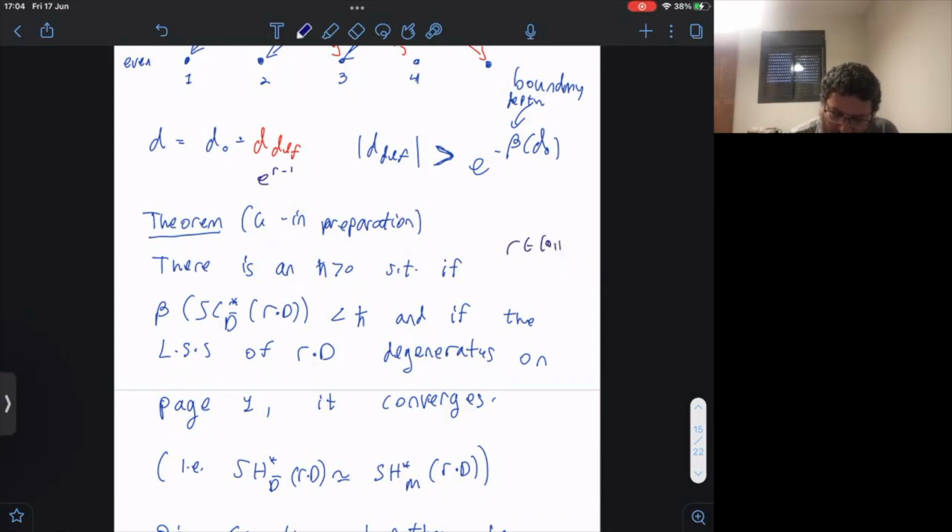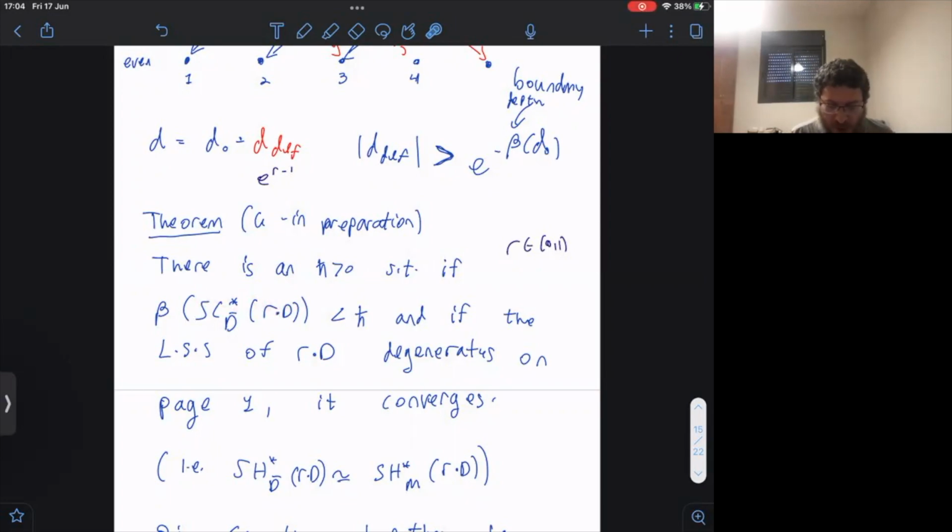When you have a Liouville domain, you can scale it down, you can shrink it by a certain amount. The boundary depth is linear in this, so this is a way of decreasing the boundary depth by shrinking.